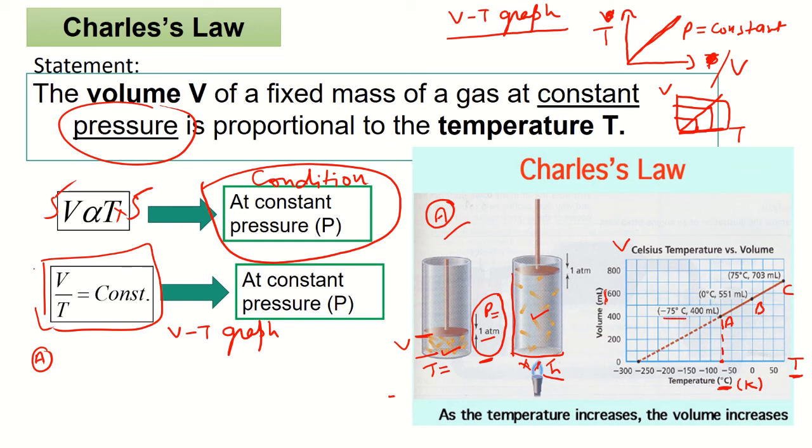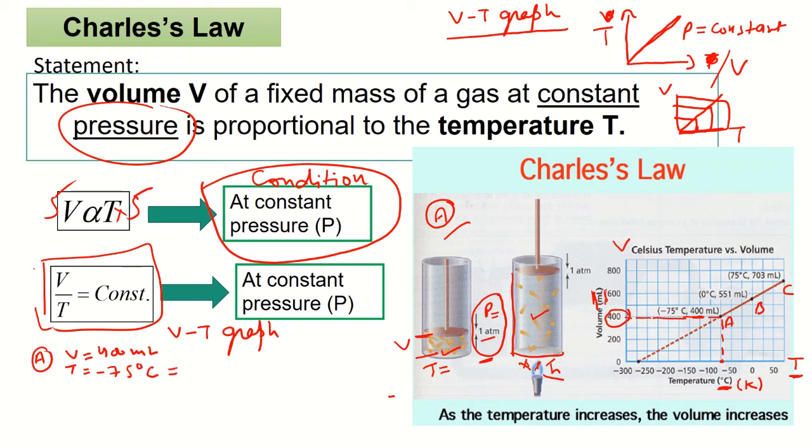And what is the value of the volume at this temperature? At this temperature the volume is 400 milliliters, which is also written here. So at point A, the volume is 400 milliliters, and the temperature is minus 75 degrees centigrade.